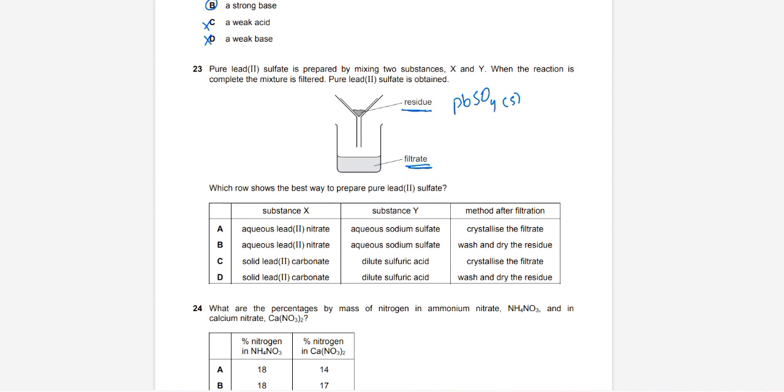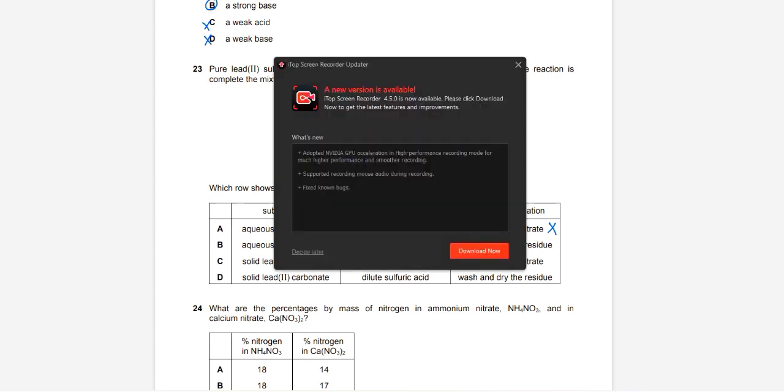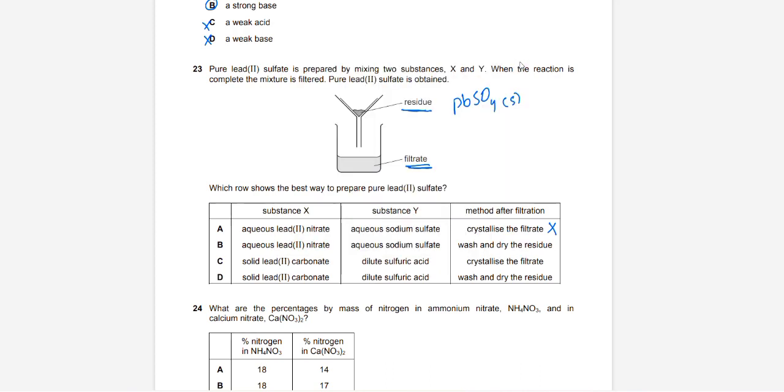Crystallize the filtrate, not that, because the filtrate will never be lead sulfate. Lead sulfate will be the residue. Whenever they say crystallize the filtrate, they are basically saying that lead sulfate is soluble.